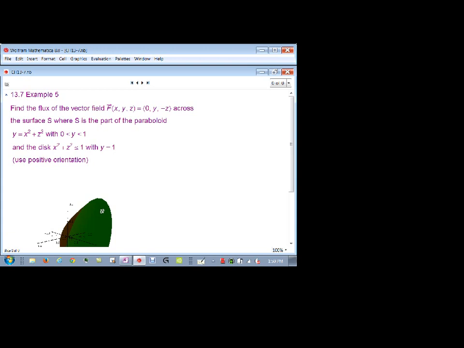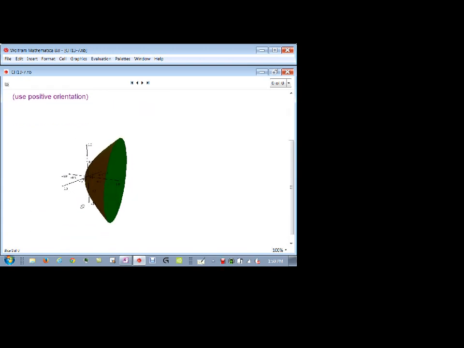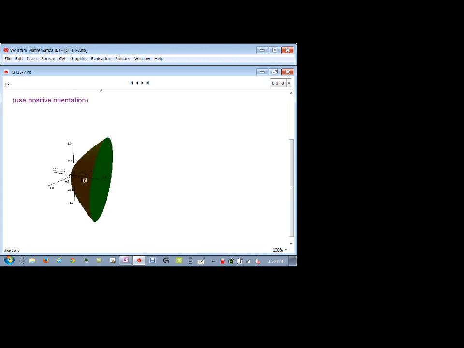And the disk, x squared plus z squared is less than or equal to 1 with y equals 1. So this surface is actually two surfaces. It's this paraboloid that opens sideways out the y-axis, and then there's this disk on the front of it. So it's like a bowl sideways with a cover on the bowl. That's an entire surface, right? So what I need to do is look at the flux over each of the two surfaces, and add those up. Make sense?